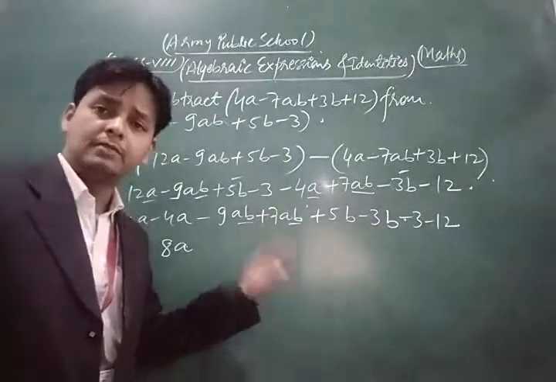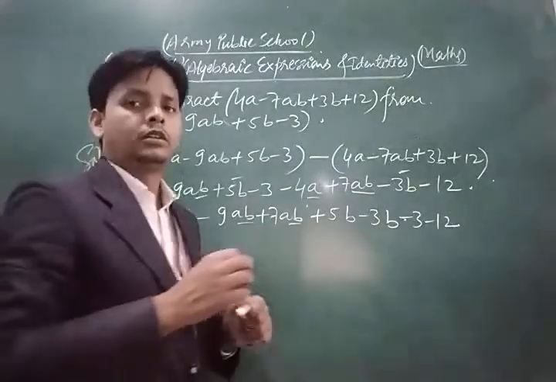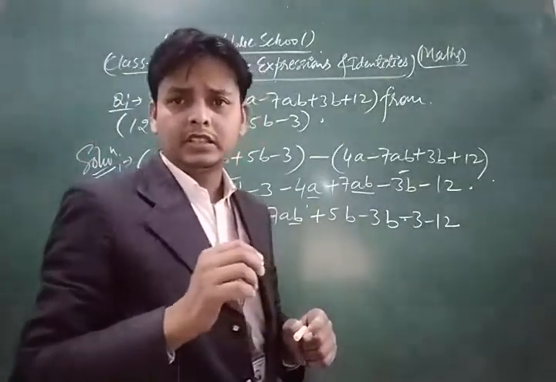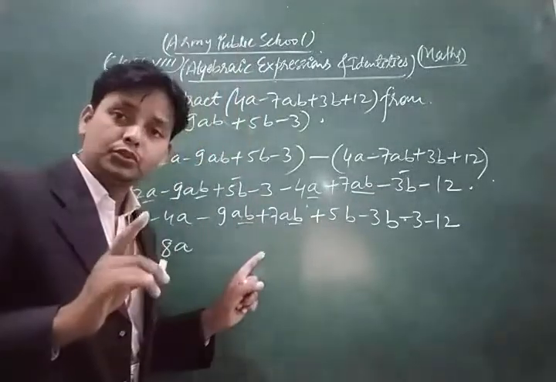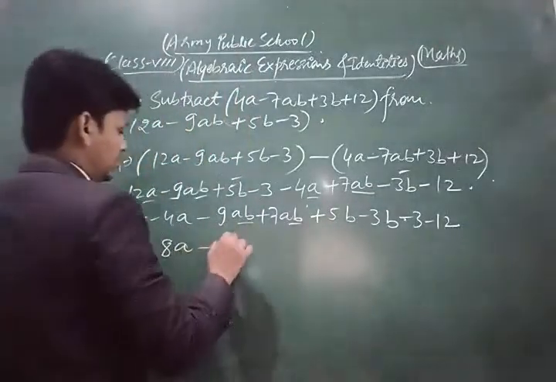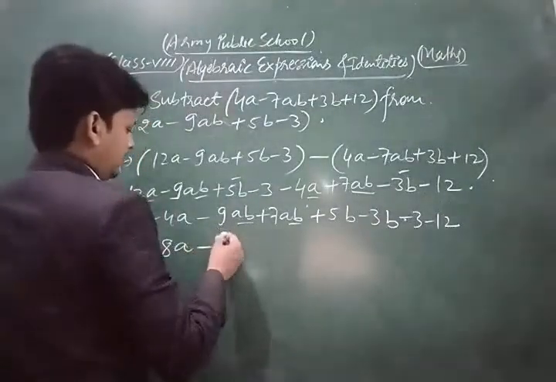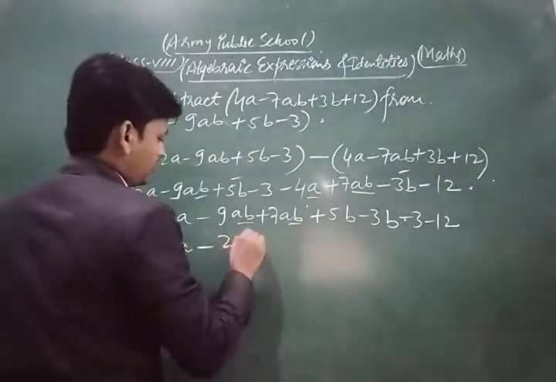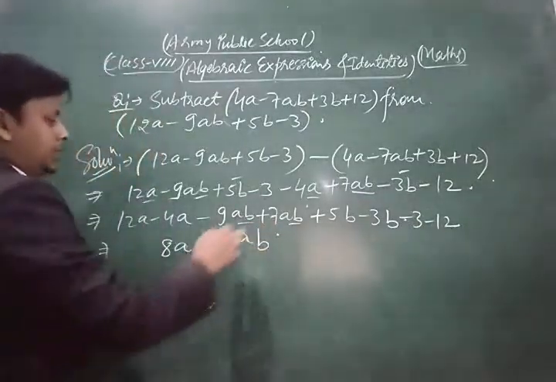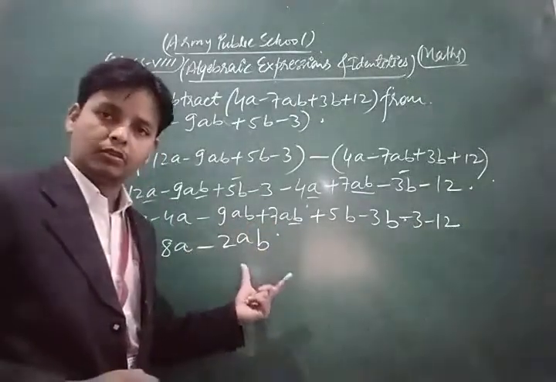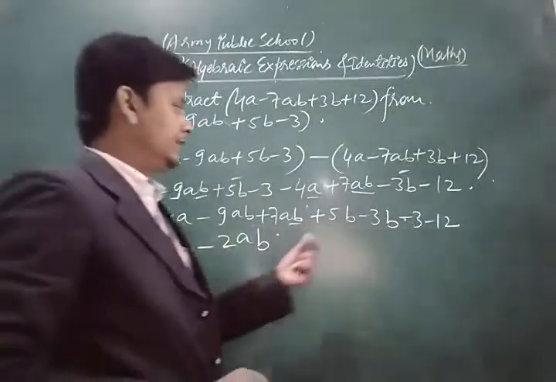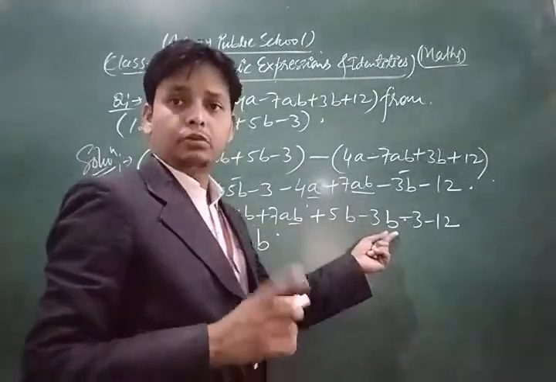So minus 9 plus 7 is minus 2ab. Now dear friends, look, this is b, this is also b, both are like terms.